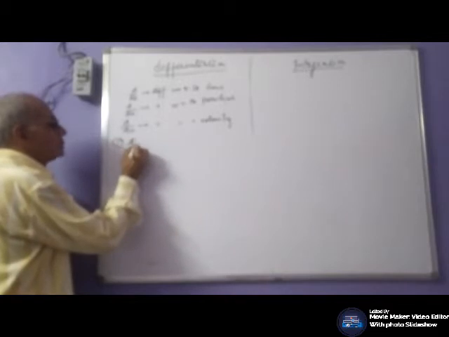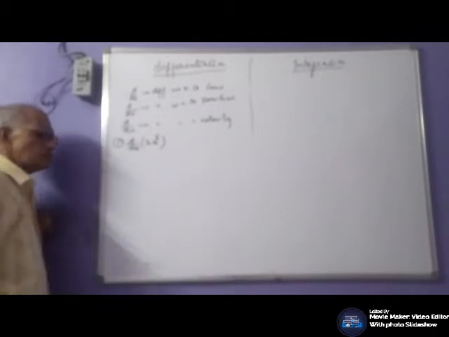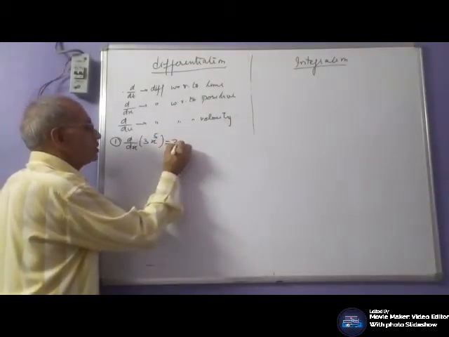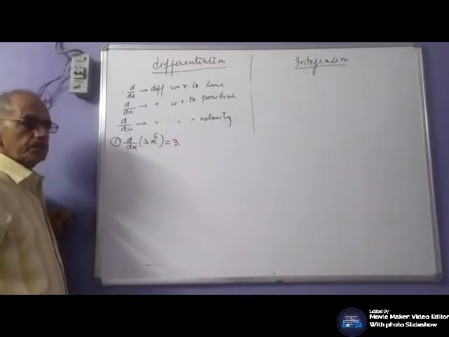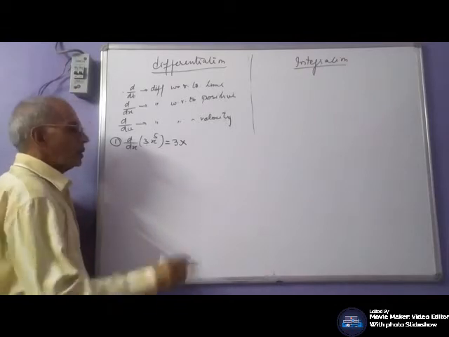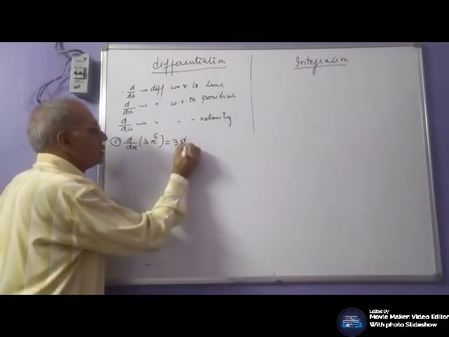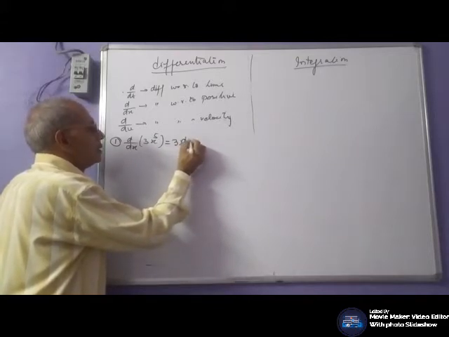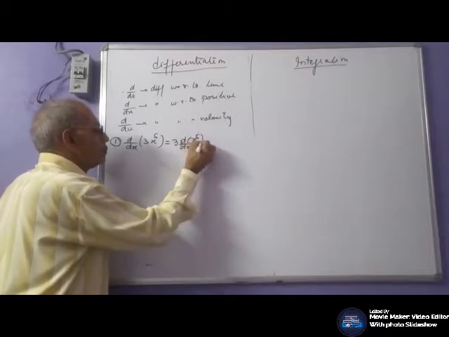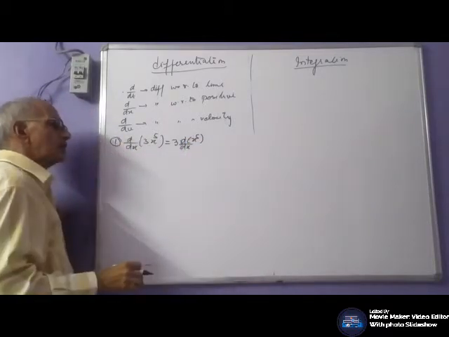d by dx of 3x^5. Rule: take the constant outside. d by dx of x^5, only x is variable, other things are constant.